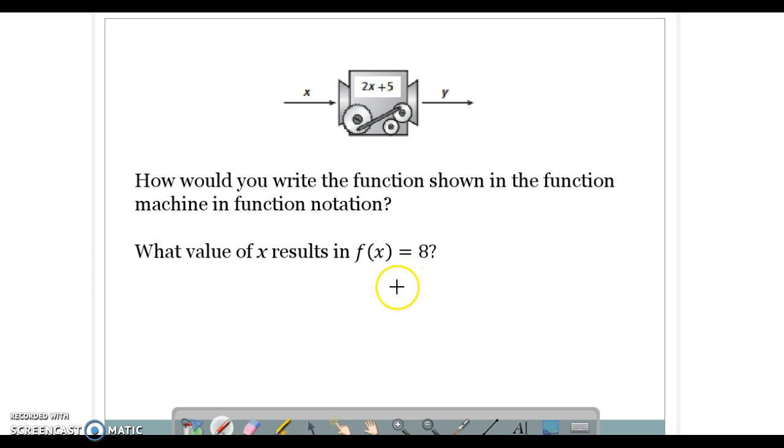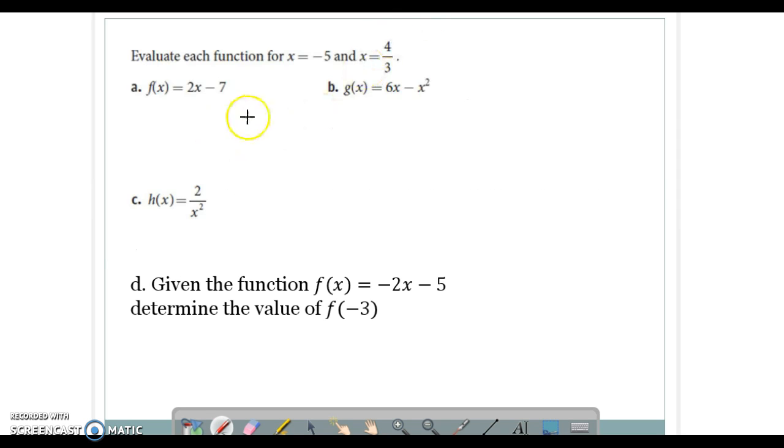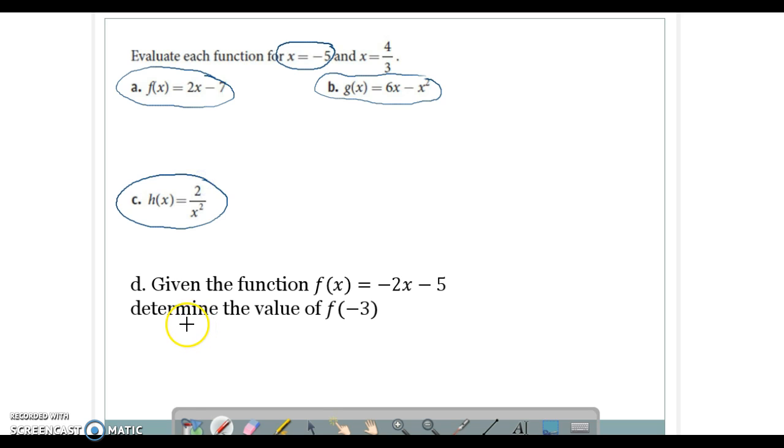So what I want you to do now is come up with the value of x for this particular equation. You can pause if you need to, and you'll need this in a second. I want you to evaluate each function using negative 5 into this equation, into this equation, and into this equation.